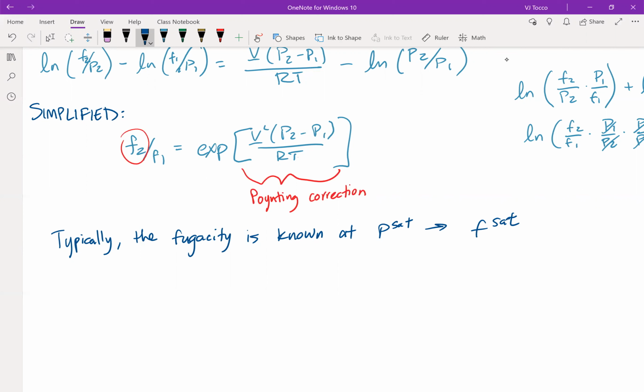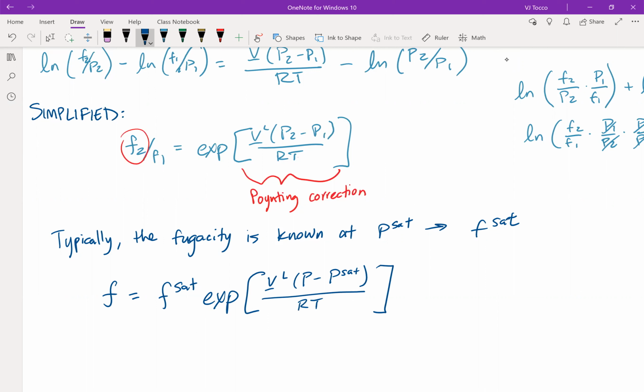So plugging that in, taking the F1 over to the other side, the way it's typically written, and I'm going to get rid of the subscripts to generalize, is F is equal to Fsat times the exponent of V under bar of the liquid times P minus P saturation over RT.